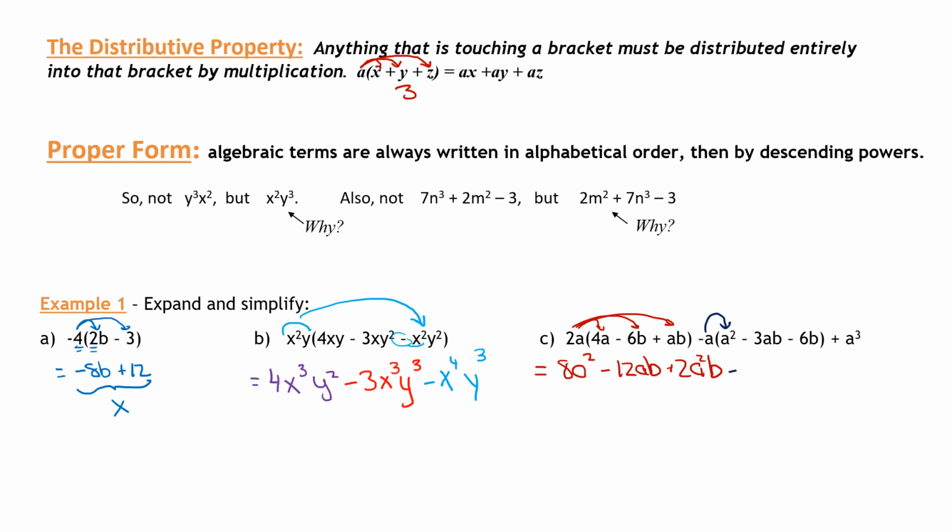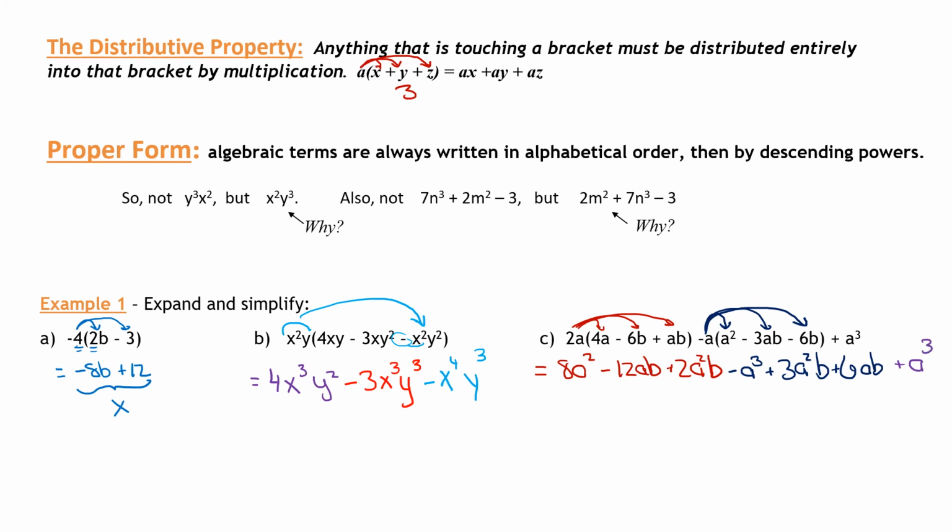So that's negative a cubed. And keep going. Positive 3a squared b. And distribute over here. Negative and a negative, we have a positive 6ab, alphabetical. And then at the very end, we have this a cubed, which is just on its own.